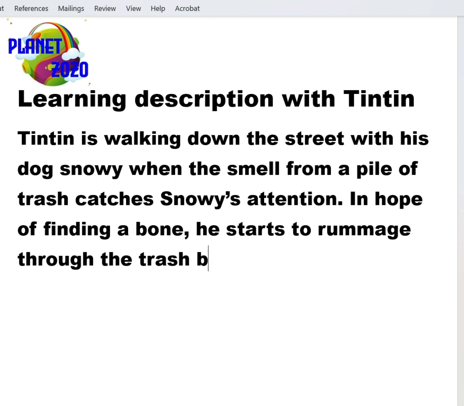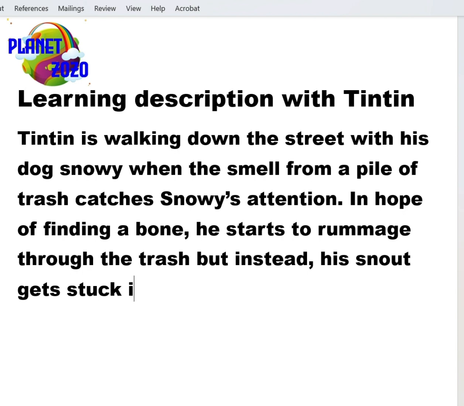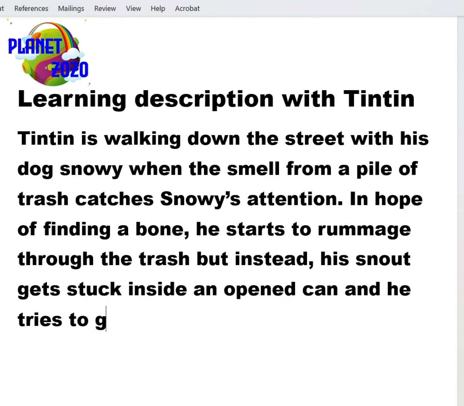But instead, his snout gets stuck inside an opened can. We can continue the sentence. And he tries to get it off.